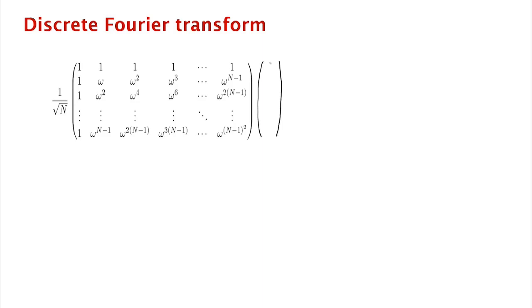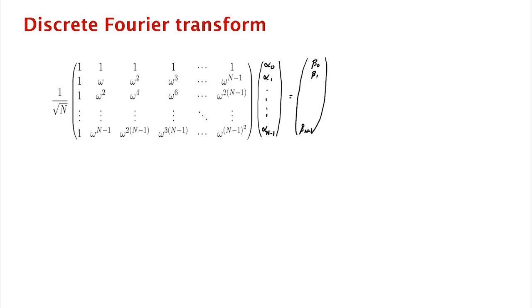It's a complex vector which has dimension capital N. And the output is also a complex vector of dimension capital N. And so normally when you do this product of a matrix times a vector, how would you do it?